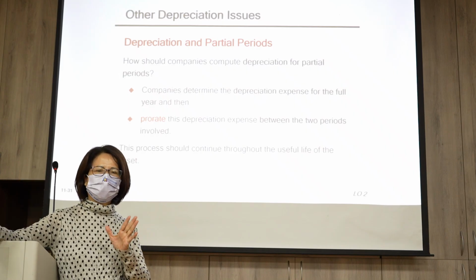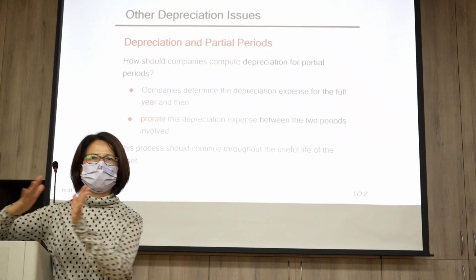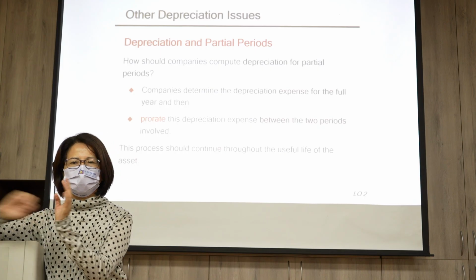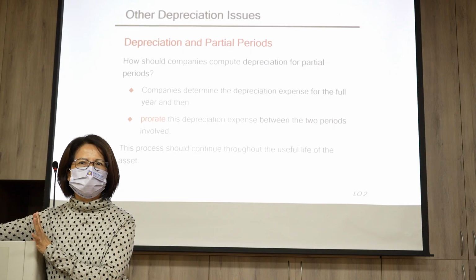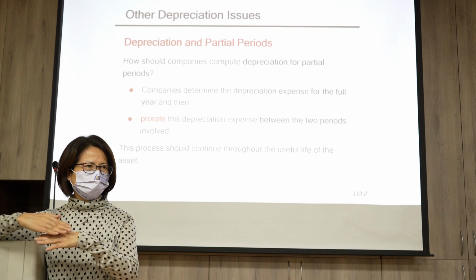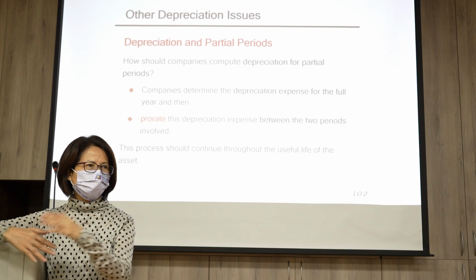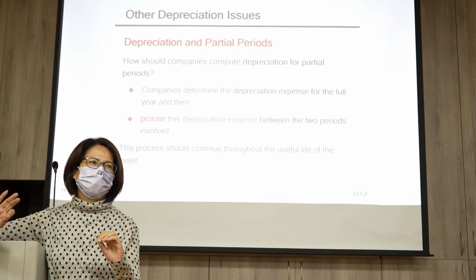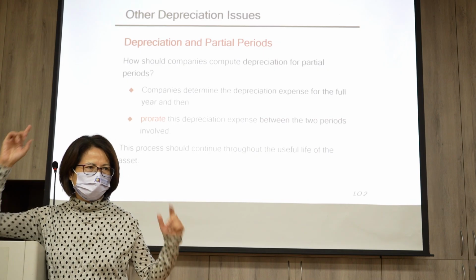Okay, some PPEs may be purchased after July 1st, right? And for those, no depreciation. You know what I mean? So the depreciation amounts can trade off each other, and the difference won't be material. You know what I'm saying?